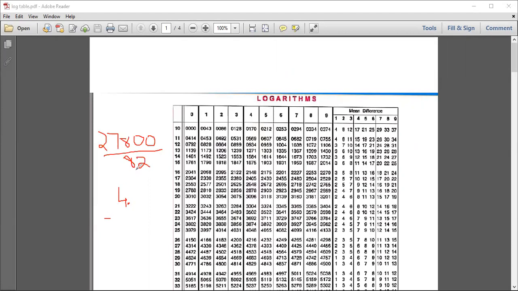In the denominator, you have 2 digits. So 2 minus 1 again. What will remain? Tell me. 2 minus 1, what remains? Correct, 1. So as we told, 4 point minus 1 point. The figure was 27,900 divided by 82.